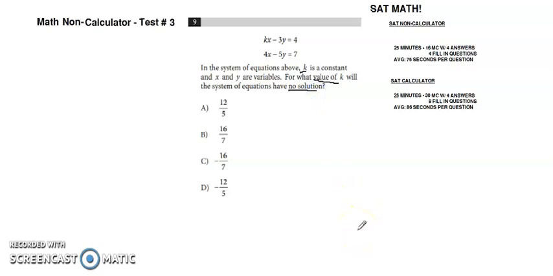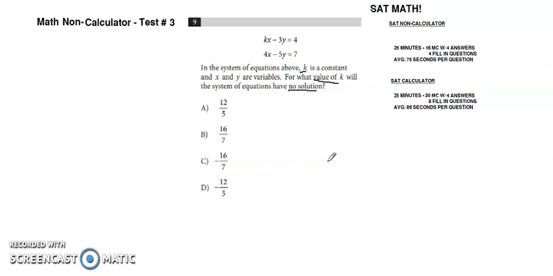First of all, in order for the system of equations to have no solution, they'd have to have the same slope and different constants for the equation.